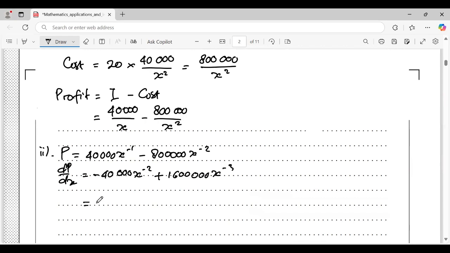You may write it like this: minus 40,000 over x squared plus 1,600,000 over x cubed.